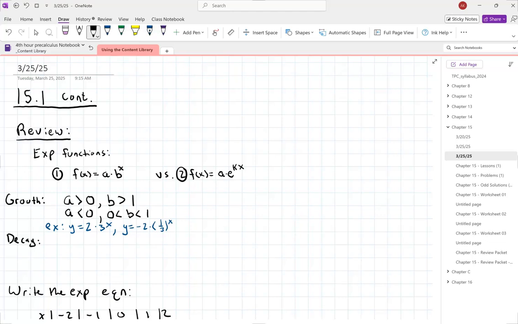Similarly, for decay, if a is positive, then b has to be between 0 and 1. Or if a is negative, then b has to be greater than 1. So again, for example, y equals 2 times 1/3 to the x would be decay, as would y equals negative 2 times 3 to the x.